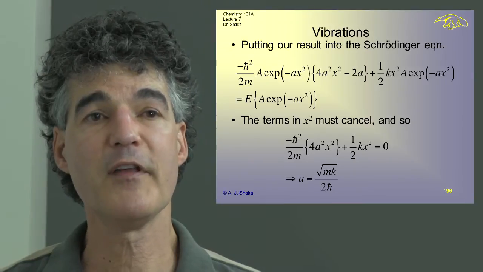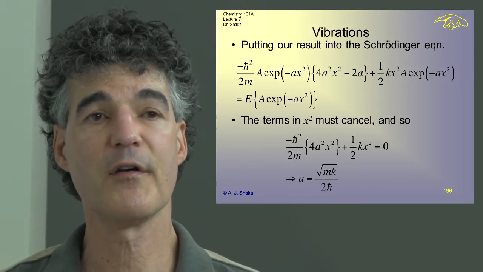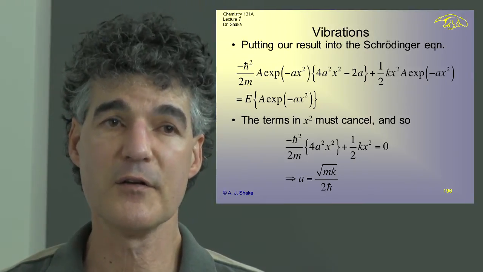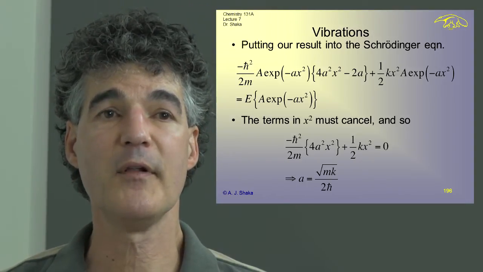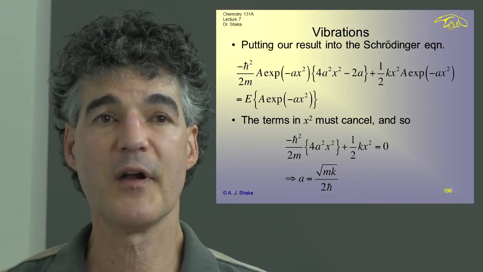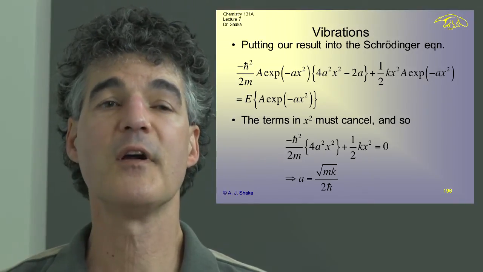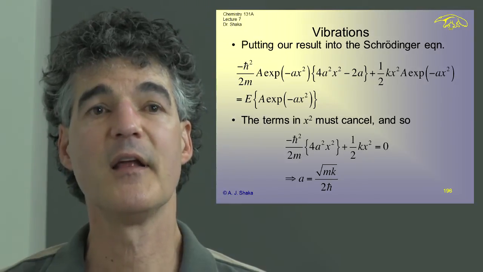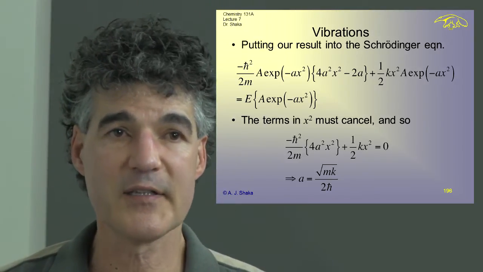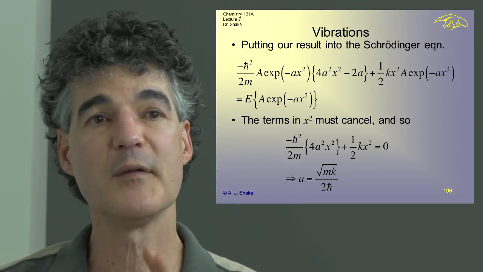If we put everything in then into the Schrödinger equation, we come to the following conclusion. Minus h bar squared over 2m, capital A e to the minus a x squared times 4a squared x squared minus 2a, plus 1/2 k x squared, again capital A e to the minus a x squared, is equal to E times the same thing.